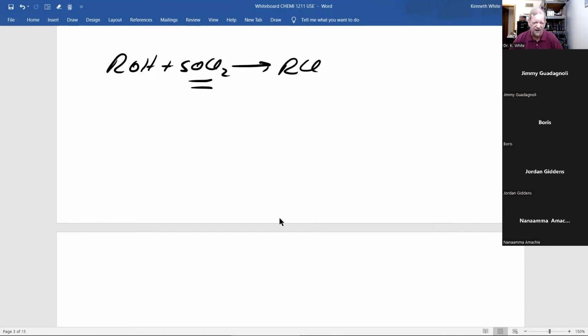So let's do the following. If we look at the following, if we react this with thionyl chloride, SOCl2, what happens? Well, what's different here? Alcohol.